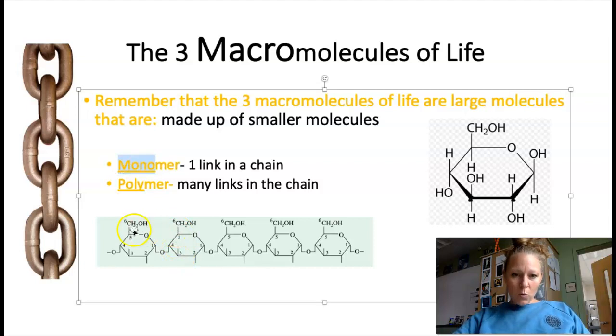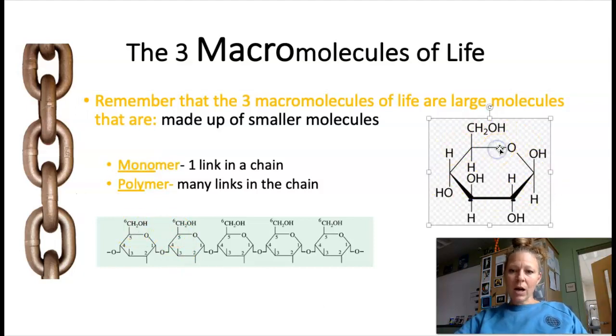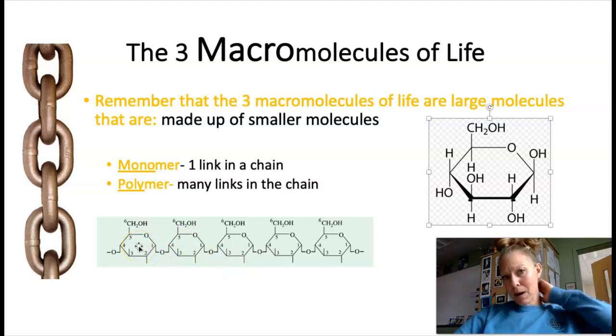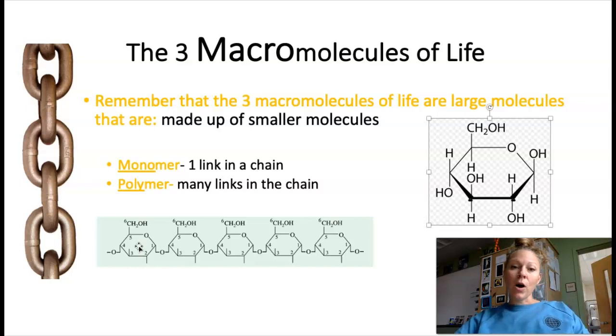And so we see that this is our monomer, our single molecule. And if we look at this chain of molecules, we can see that it is a polymer. It is made up of a whole bunch of these monomers. And so there are polymers and monomers of all three of those macromolecules that we were talking about earlier. So let's learn about that.